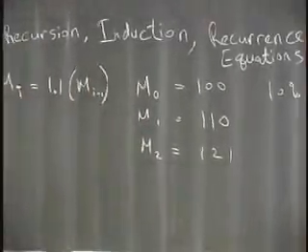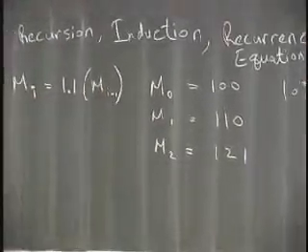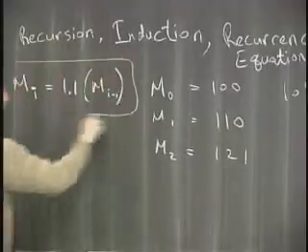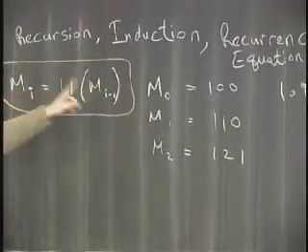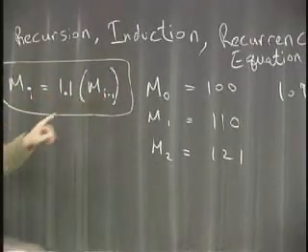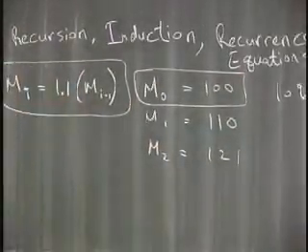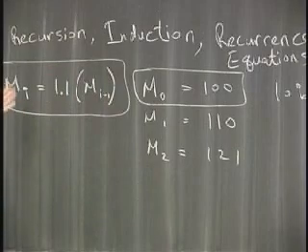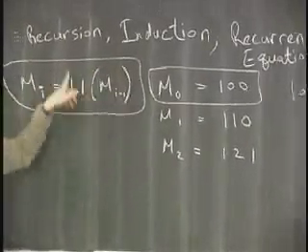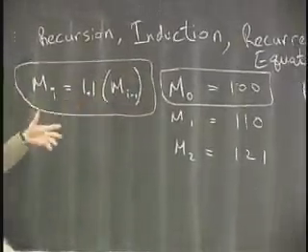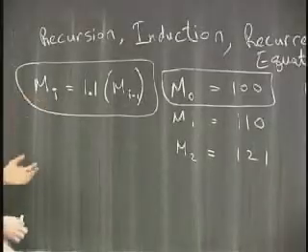Okay, questions so far? So here's the way a recurrence equation usually looks. It gives you the relationship between one case and some other smaller cases, and it gives you a base case. So let's solve this so that instead of this recurrence relationship, we get what sometimes people call a closed form.